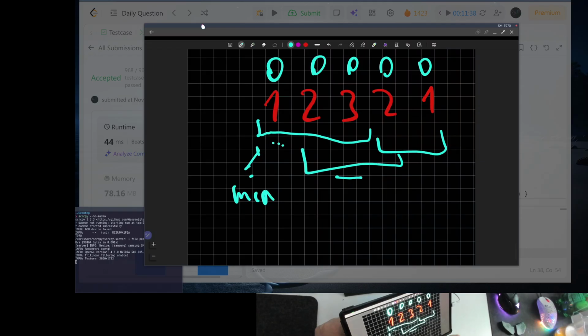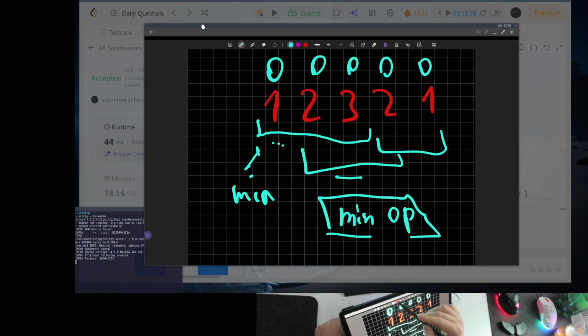And the answer is the minimum number of operations. We have to do this optimally.